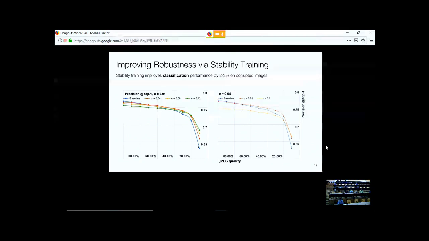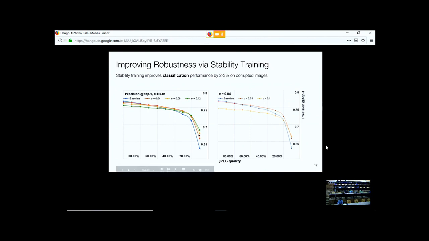The baseline here is in blue. This is a state-of-the-art image classification network. Then in red, yellow, and green, we have networks that have been trained with stability training with different hyperparameters. Sigma here is the standard deviation of the noise that gets added to construct our X prime during stability training. What we see is that the performance of these networks on the clean data set is quite similar, but they have a much more graceful decline in performance as they are applied to images of worse and worse JPEG quality.